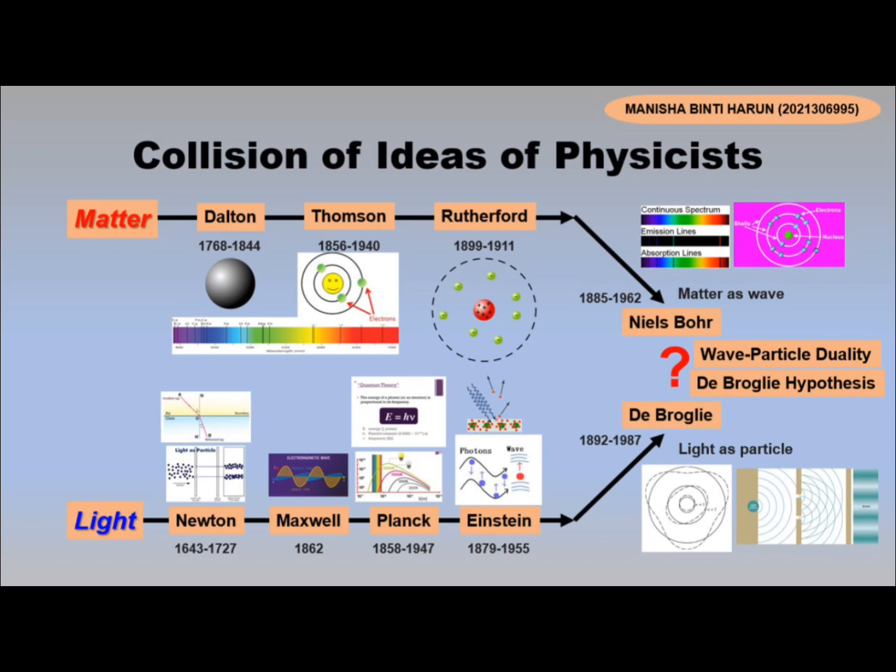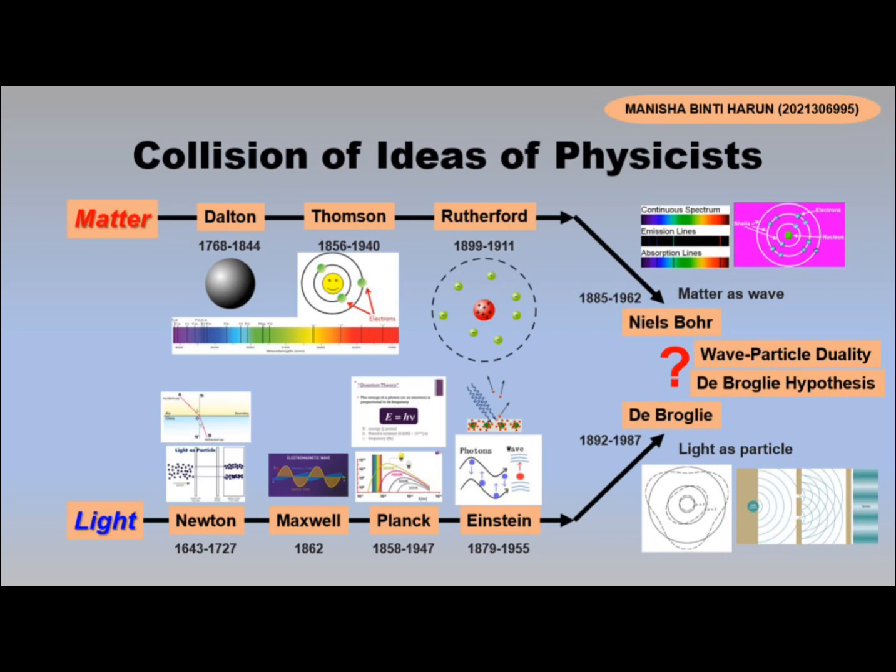Niels Bohr explained the production of the line spectrum by the hydrogen atom. The electrons in an atom orbit around the nucleus on certain shells only. The transition of electrons from a higher energy level shell to a lower energy level shell emits photons. However, Bohr had no explanation for quantized electrons, which made many scientists skeptical.